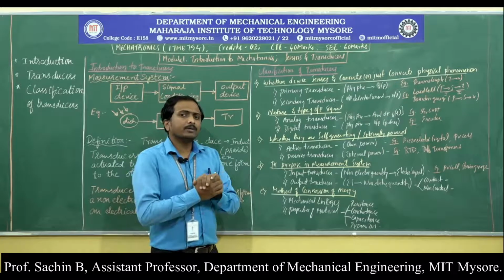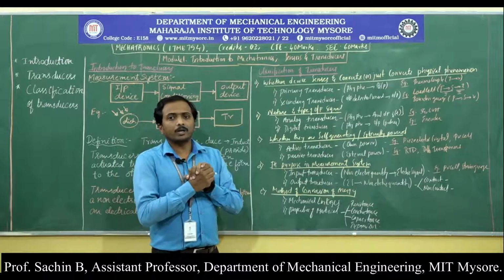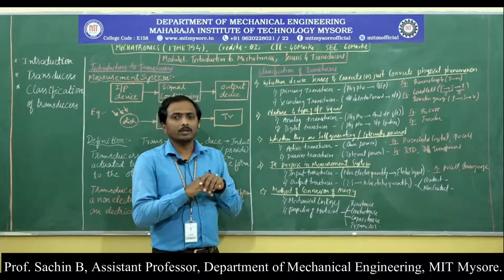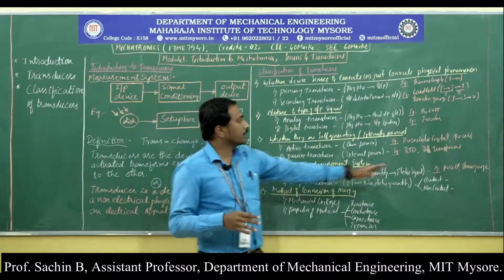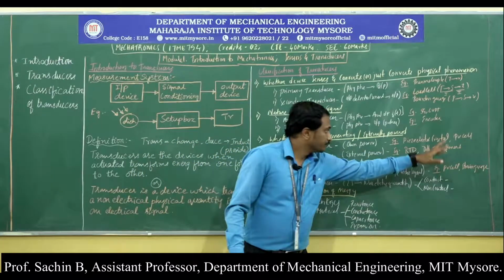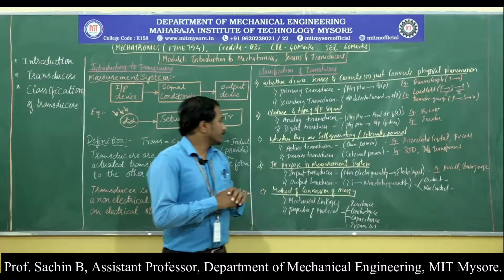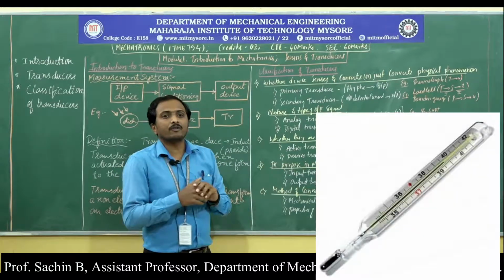In the active transducer, electrical power is not required to run the device. Means, without electrical power, the transducer will work. For that, I have written the piezoelectric crystal and photovoltaic cell. Next, in the active transducer, with the help of its own power, one more example is the thermometer.